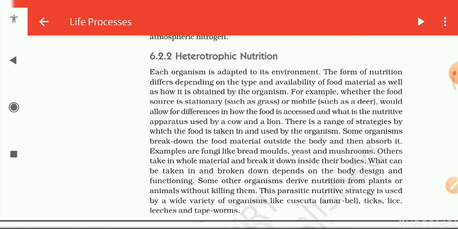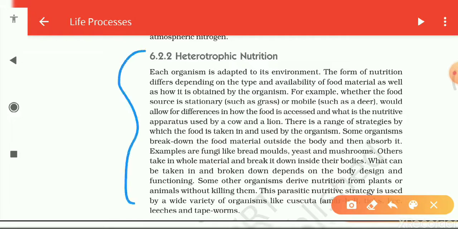These organisms take their food from the host without killing them. Then in the simple way, I told you students, in the paragraph many things are given but not clearly. In the simple way you can define heterotrophic nutrition, and it is divided into three parts, that is saprotrophic nutrition, parasitic nutrition and holozoic nutrition, and examples are also given here.